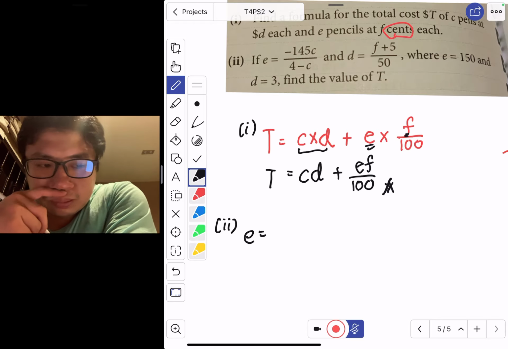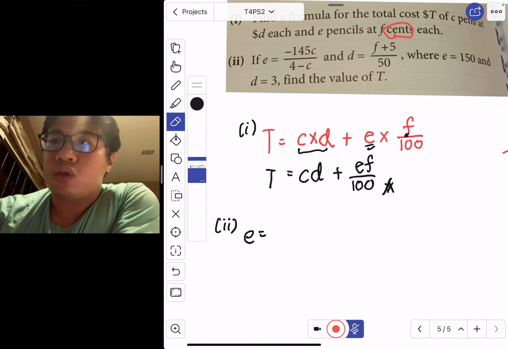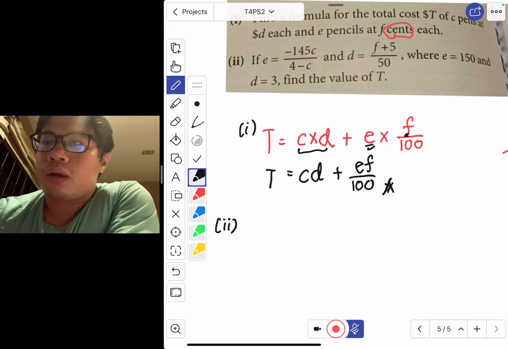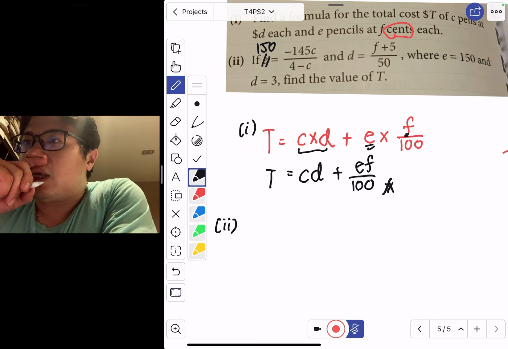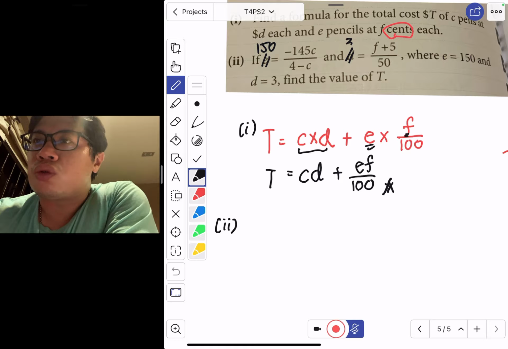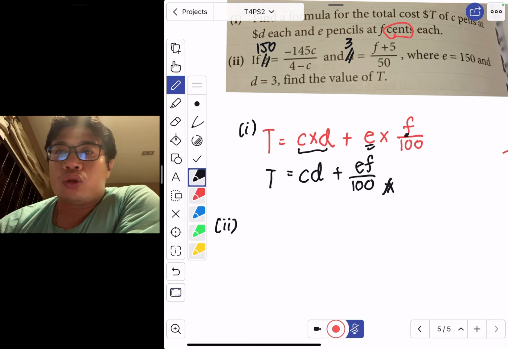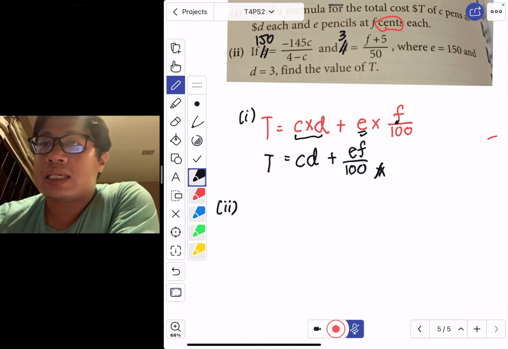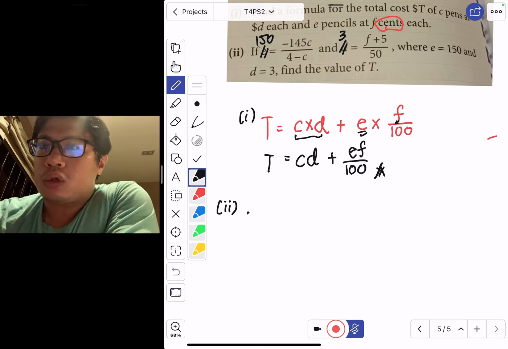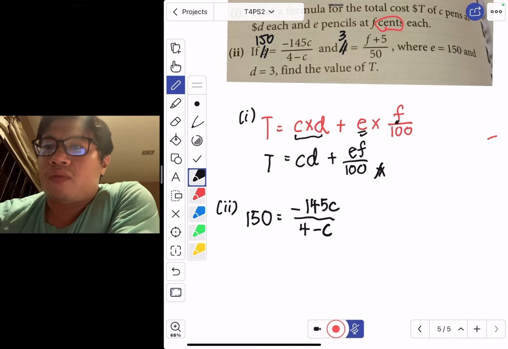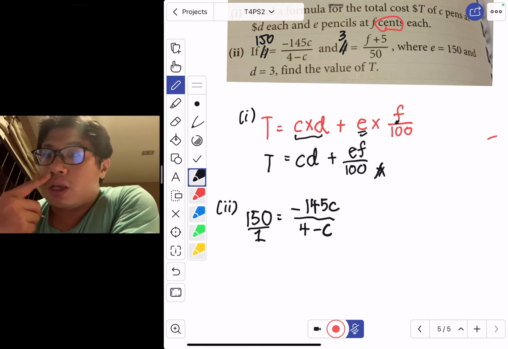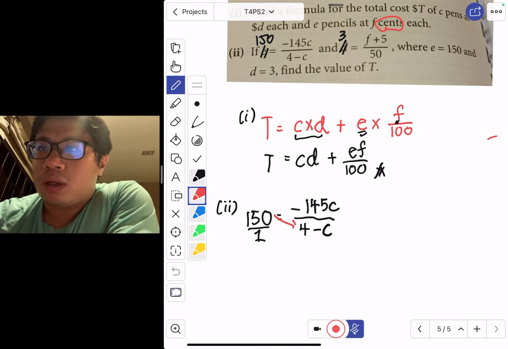So E is equal to 150, which means you're replacing this as 150, and D is equal to 3. From here, what we're going to do next is find the value of C and F. So 150 is equal to negative 145C over 4 minus C. Now very quickly, if you treat 150 as 150 over 1, you can do a cross multiplication.